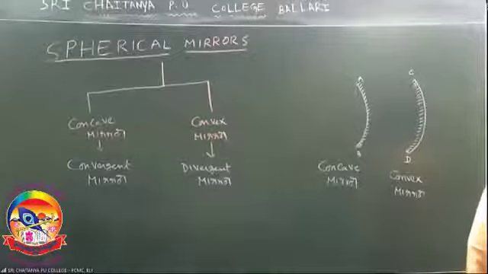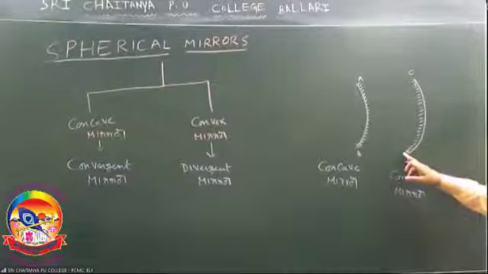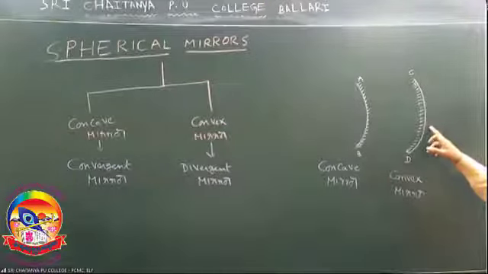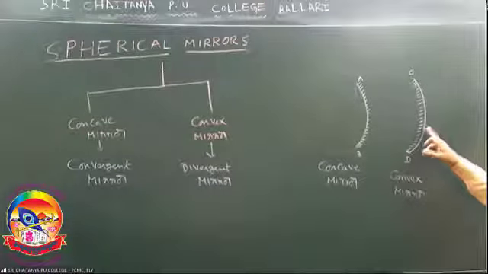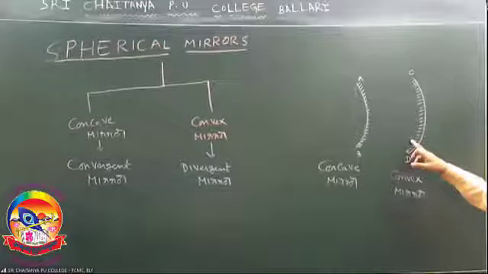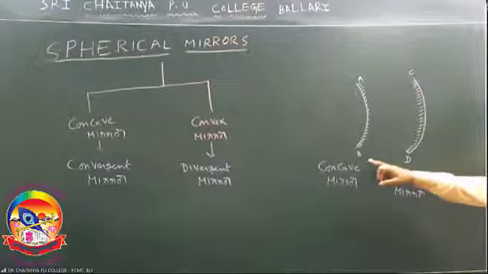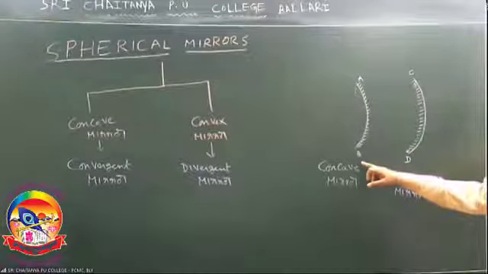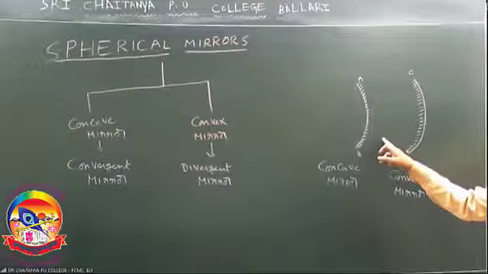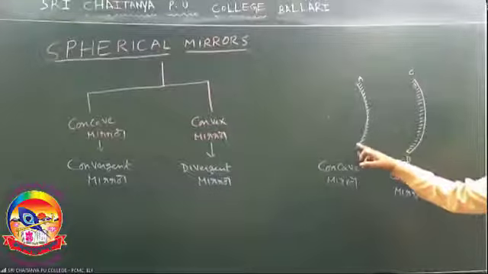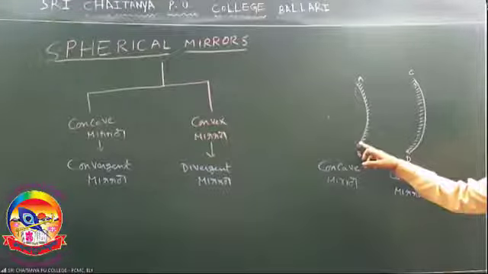In a convex mirror, the outer surface is the reflecting surface and the inner surface is polished. In a concave mirror, the outer surface is polished and the inner surface is the reflecting surface.